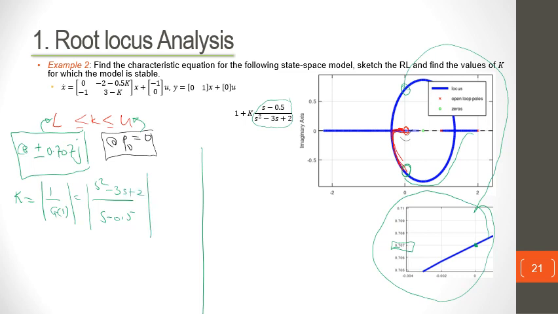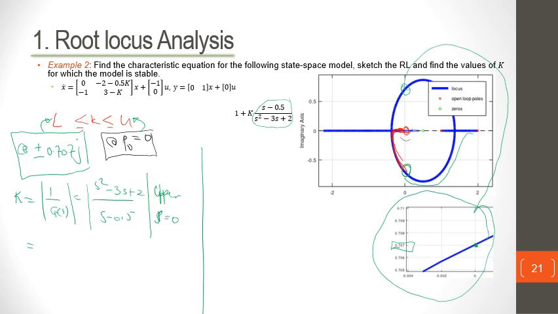So here we know for the upper limit, it's when the pole, or when s is equal to 0.